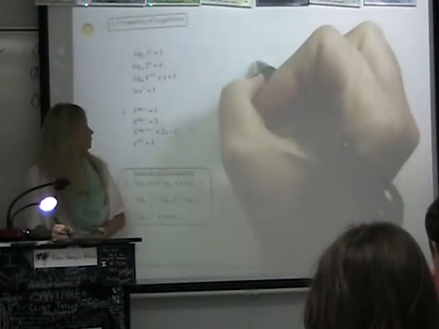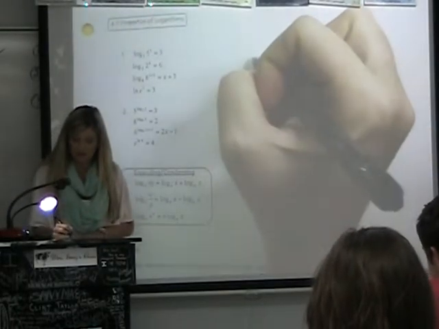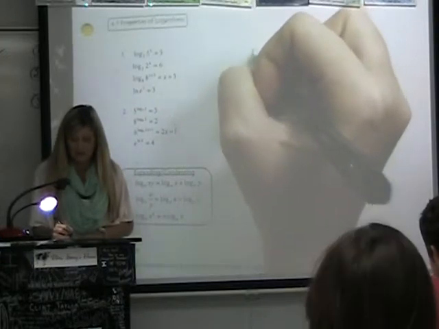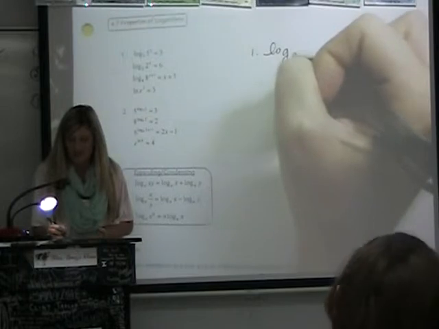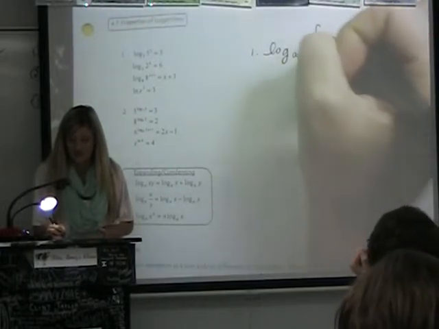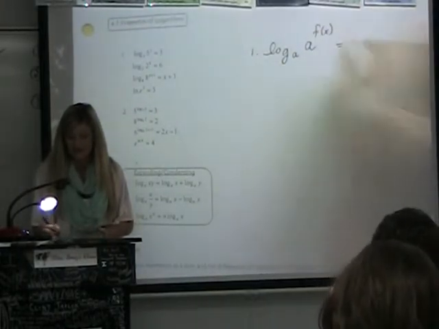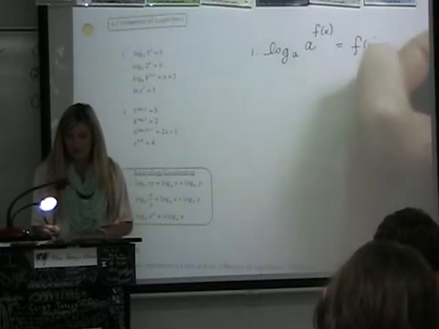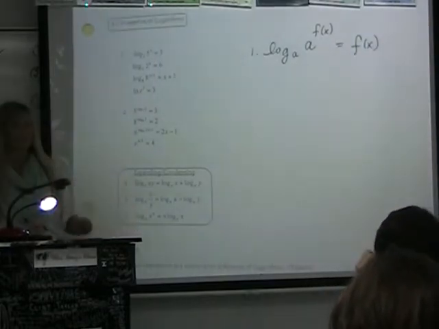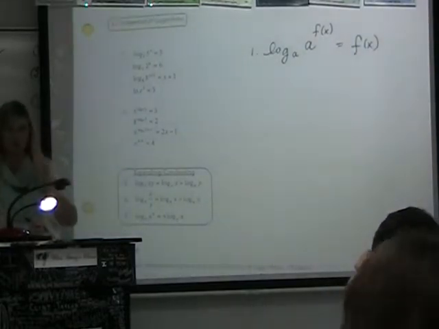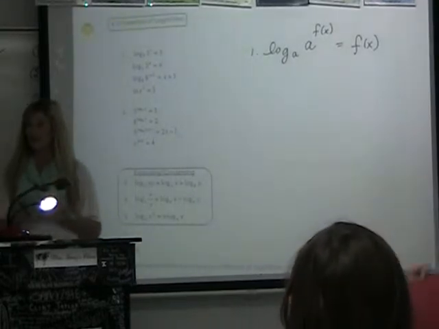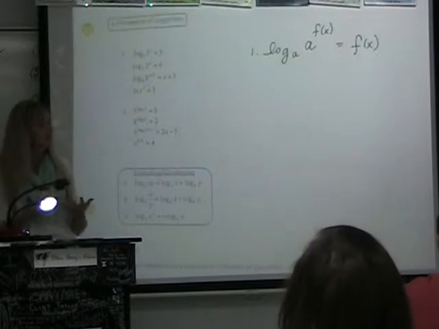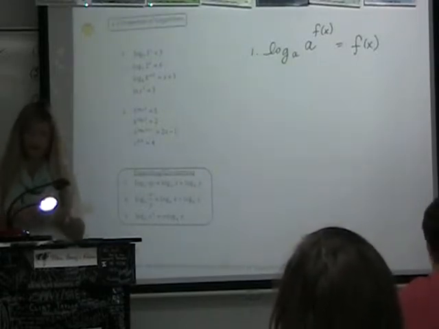So just a generic form of that property over here to the side, I would write log base a of a to the f of x is equal to f of x. So if you take a logarithm of an exponential and they have the same base, they're inverses of each other, so they cancel each other out.